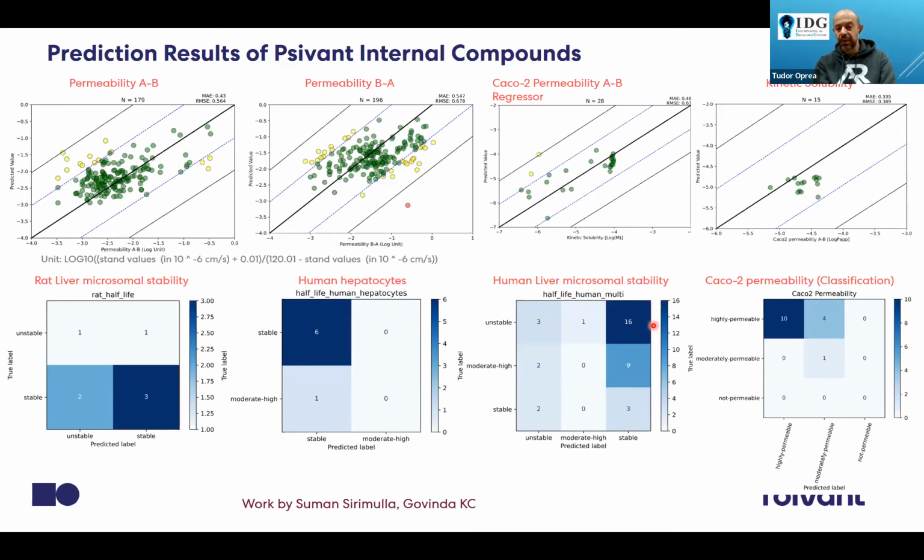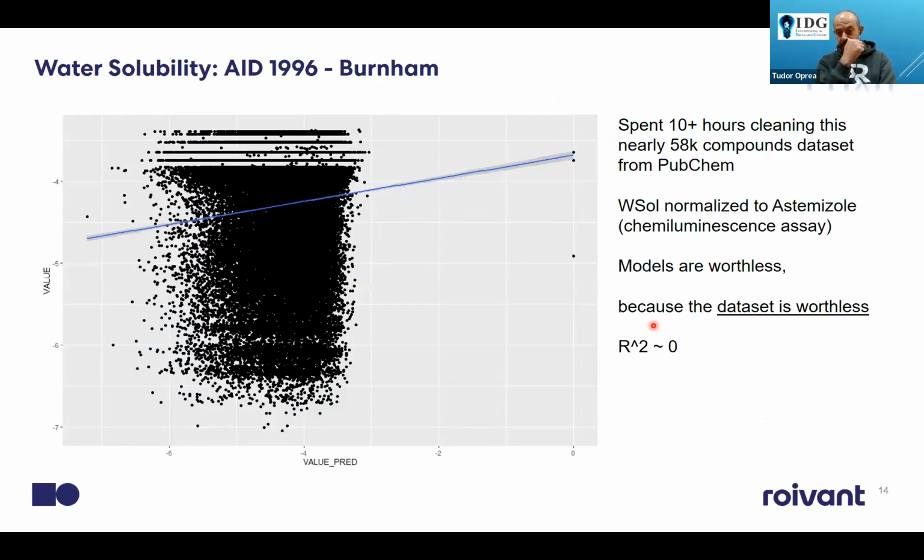I think we begin to understand that part of the problem is assay compatibility and trying to figure out stuff that works. So what I learned from machine learning is that sometimes you look at large data sets and they're not very useful. So this is a water solubility data set published by the Burnham Institute back in the molecular library days, almost 60,000 compounds.